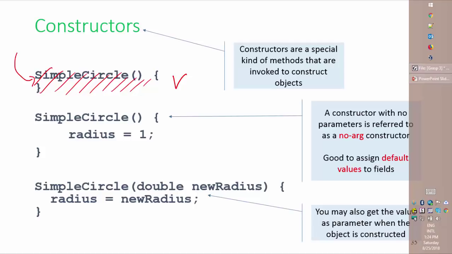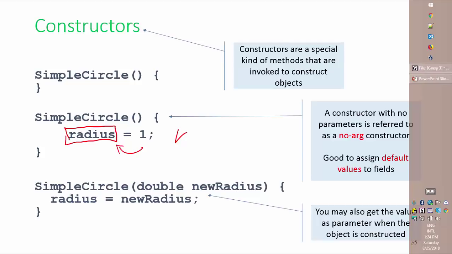All right, so the second one, SimpleCircle parentheses, so still no arguments here. The parameter list is empty. And this time we have some work being done in the body of the constructor. We assign the data field radius that is defined in this SimpleCircle class to the value 1. That's like the archetype of a constructor.